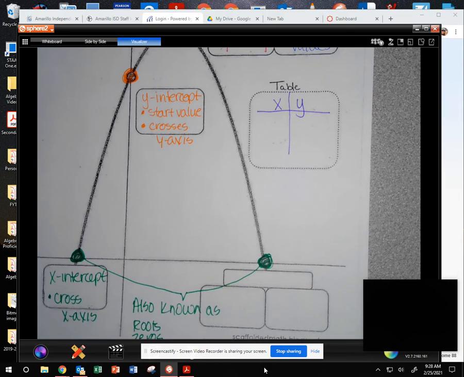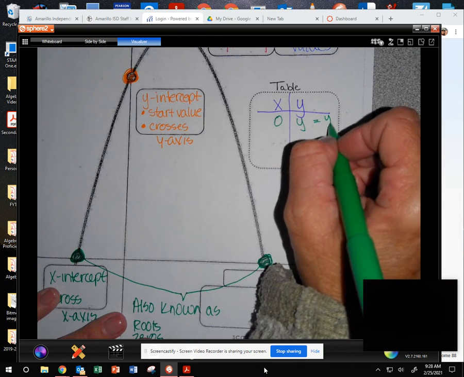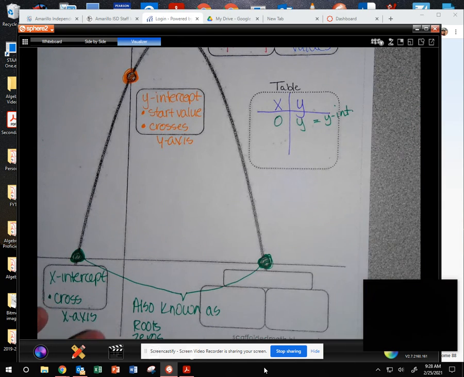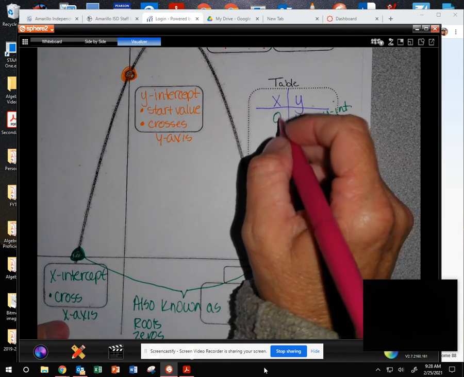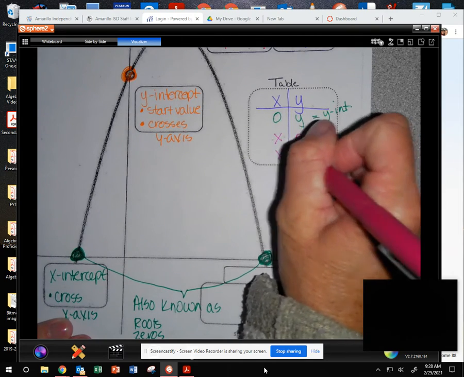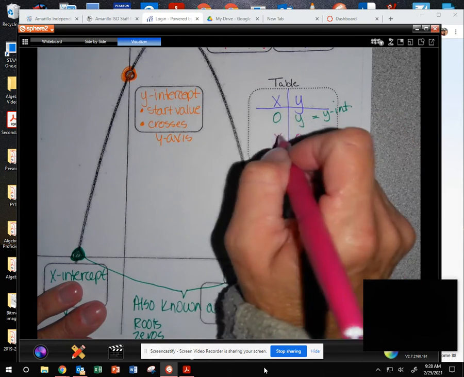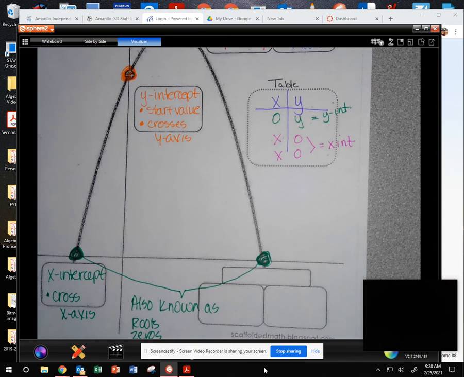Okay, so when x is 0 and y is a number, this is my y-intercept. And you're going to only have one. When x is a number and y is 0, these are my x-intercepts. And notice that I wrote two of them because you are always going to have two x-intercepts. You either have two or none. Let's put it that way.